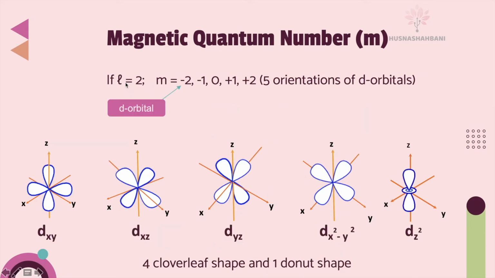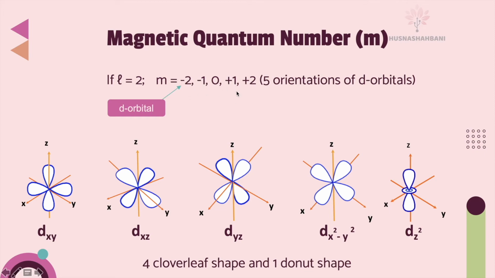If L equals 2, we know that it is the d orbital. For the d orbital, our m value is negative L, 0, until positive L. So our L is 2, and the m values are negative 2, negative 1, 0, positive 1, positive 2. We don't look at the value of m, we look at how many m values.